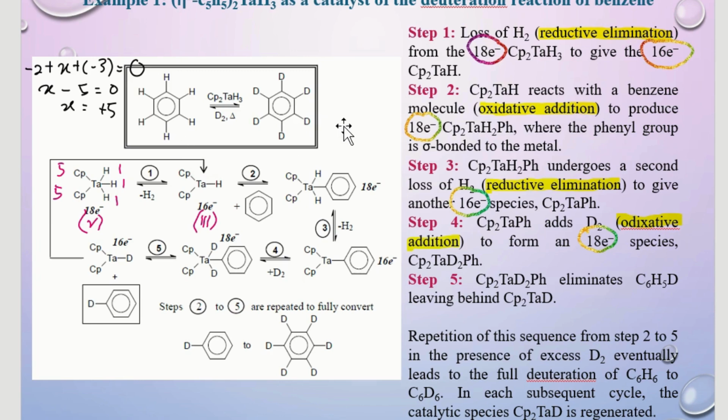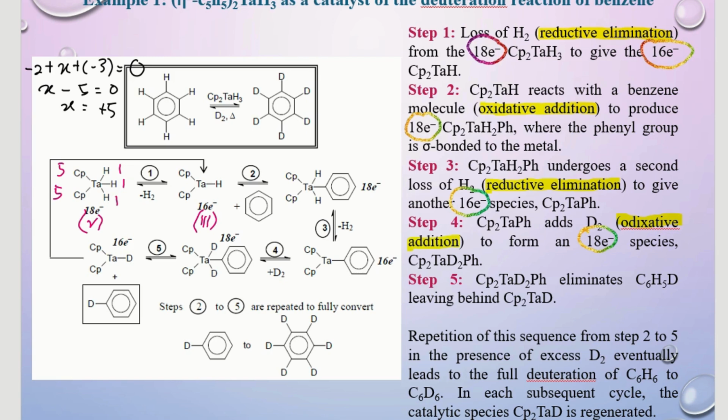So this is the easiest or simplest reaction involving an organometallic catalyst. Before I move to the second example, just keep in mind that hopefully all of you can calculate the total electron count and know how to determine the oxidation number.